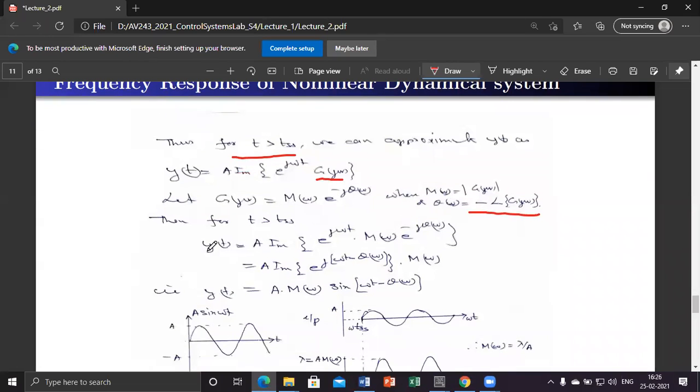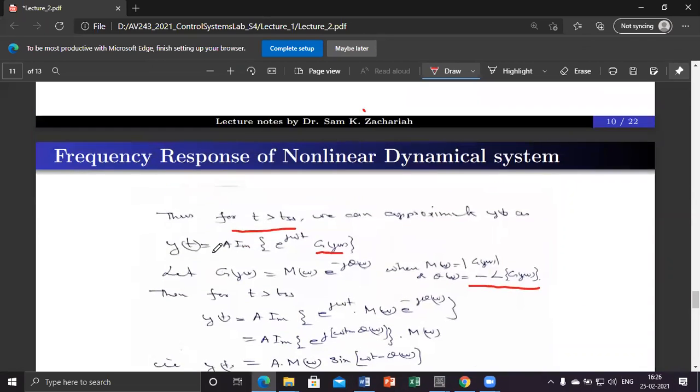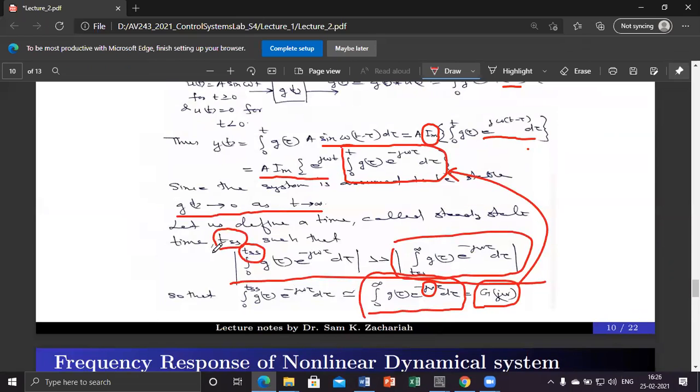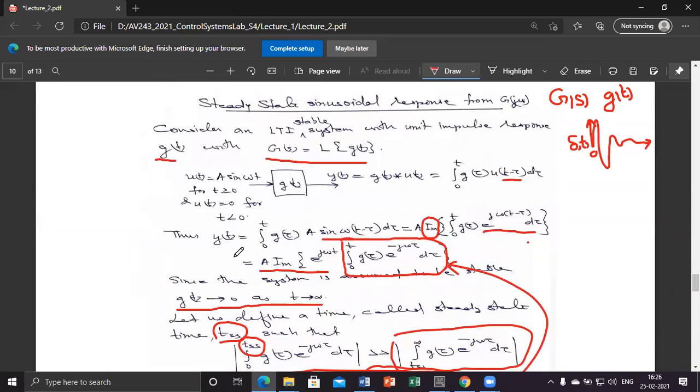Sir, can I ask something here? Yeah, please. Sir, shouldn't it be t less than T_SS? Because we defined y(t) from 0 to t, right? The integral. So shouldn't it be t less than T_SS? No. What we are considering is, if t is greater than T_SS, this particular integral is only up to t.